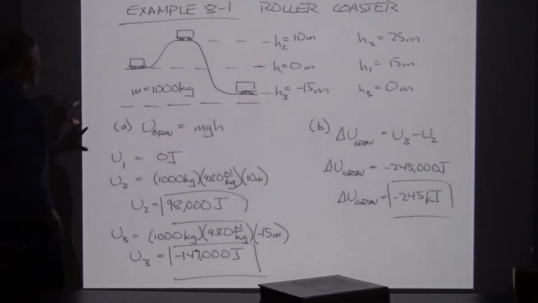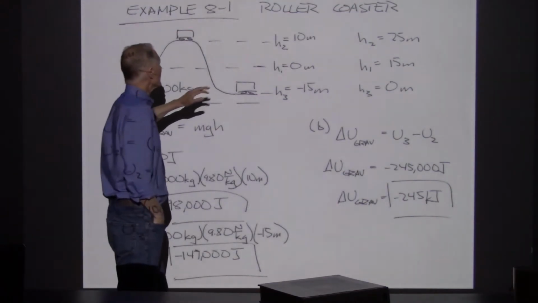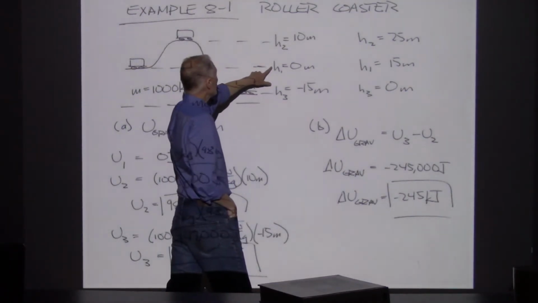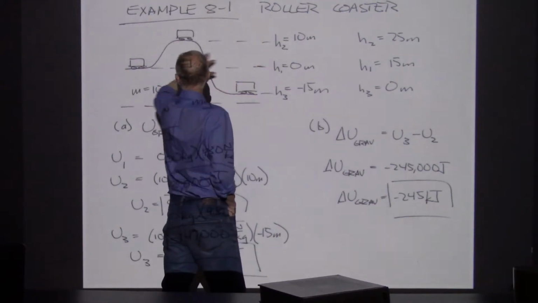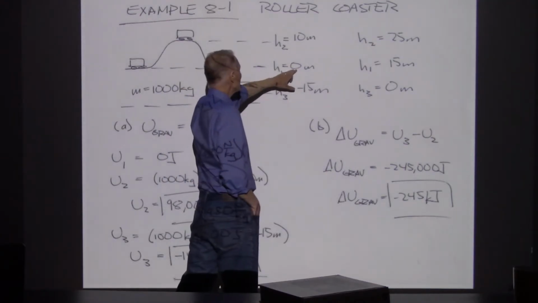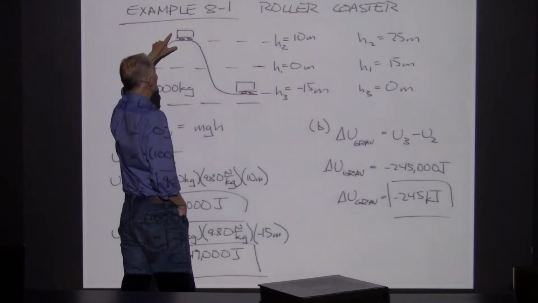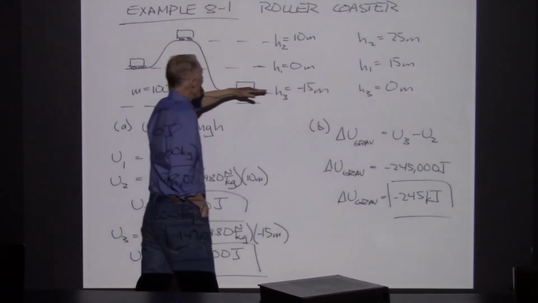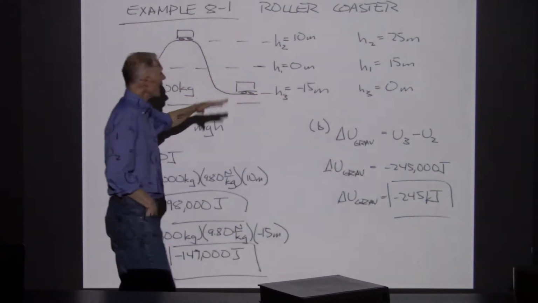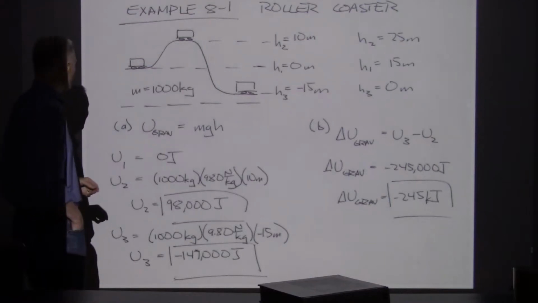Here I've drawn my diagram, and to begin with, I am going to call h1 the height associated with position 1. This is 0 meters. The height at the top would then be positive 10 meters above that, and h3 would be at negative 15 meters. That'd be 15 meters below the reference that we had defined.